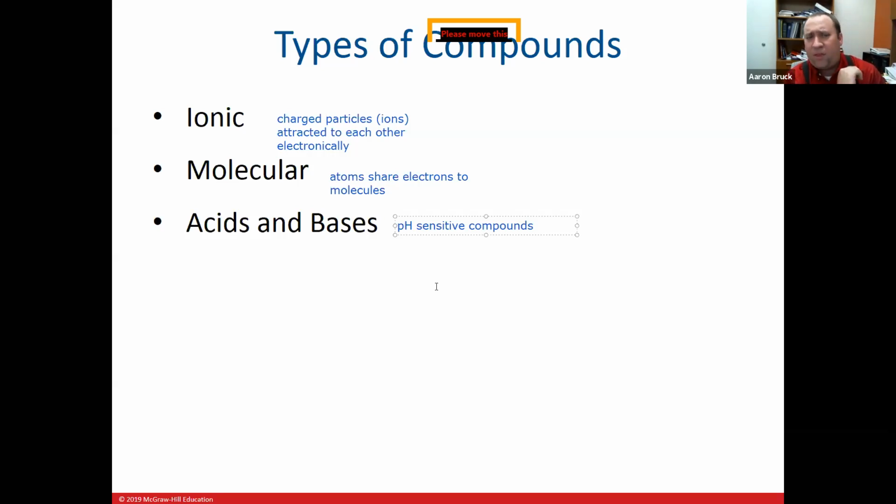And with acids and bases, what we tend to find is that there is often a lot of interplay between ionic and molecular. Acids tend to be more on the molecular side, but have very specific kinds of properties that move them in the ionic direction when certain things come up. Bases tend to be almost exclusively ionic, but there are some molecular tendencies among them as well. So they're kind of an in-between category, which is why they get treated separately here.